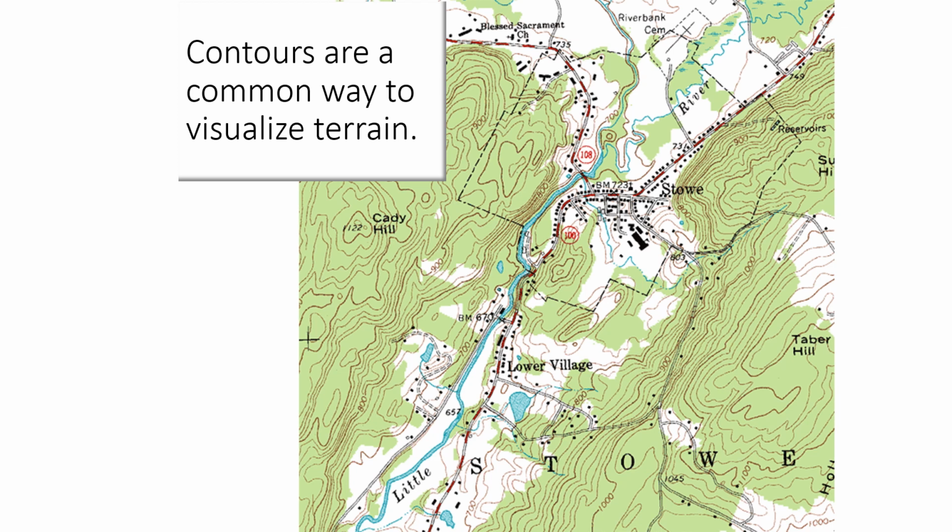The idea, of course, is that you're connecting lines of equal elevation, and in doing so, you're creating this system of vaguely parallel lines moving around the landscape, forming these non-overlapping concentric circle-like things as they go up the hill. If you look at Katy Hill there, you can see the rings of the hill coming off around it, and then they get a little more irregular as the landscape gets more varied. This technique is very common. You'll see it on USGS topographic maps, but it is fairly difficult for people to understand.